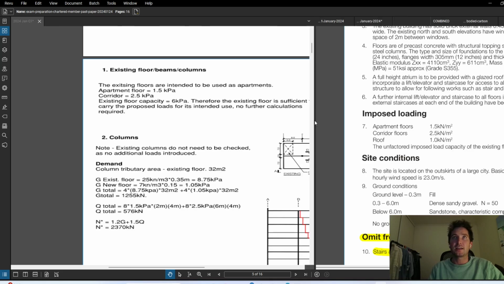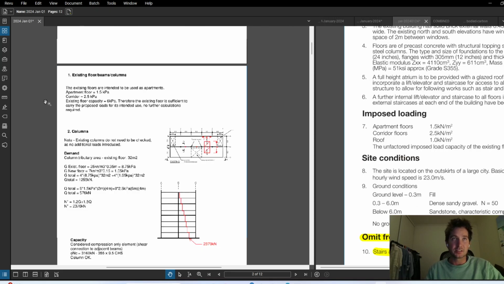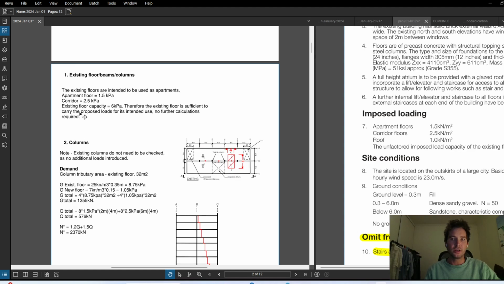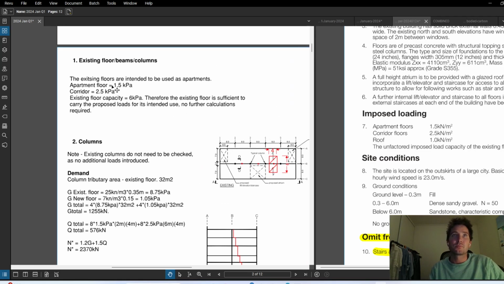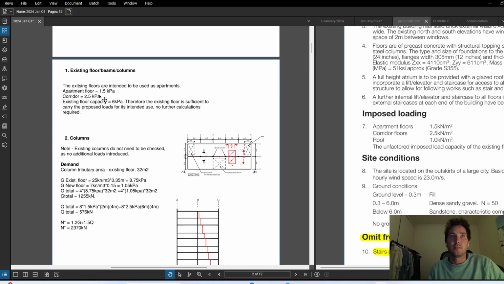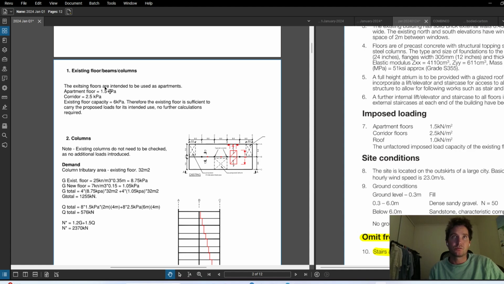So I thought it's appropriate just to put in a little one paragraph describing, okay, we're not changing the existing structure at all, because I'm leaving it as is. In fact, I'm actually adding a few more supports, because in my scheme I add columns along the corridor here. So 6 kPa is more than the loads being introduced, so no further calculations are required.